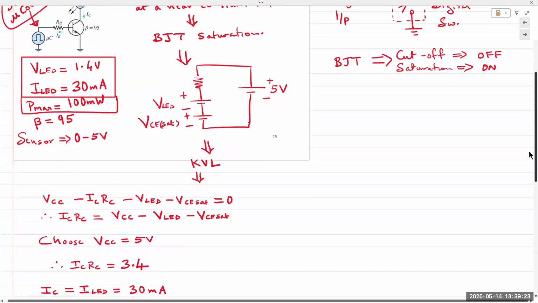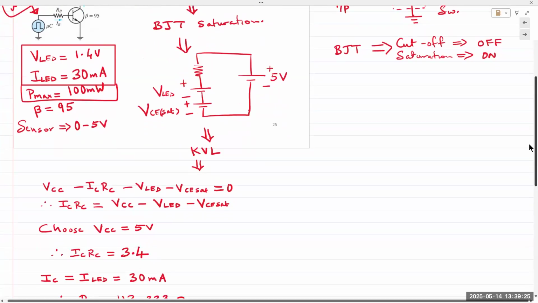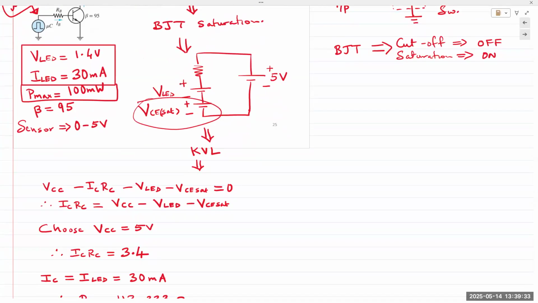Okay, so in saturation mode, if you wish to model a BJT, VCE SAT is 0.2 volts, a constant voltage source, right? And that's what we see here. So a large signal model for a BJT in saturation, if you recall, was a simple voltage source of 0.2 volts. The LED, once it's on, can again be represented by its diode voltage drop, which is 1.4 volts.